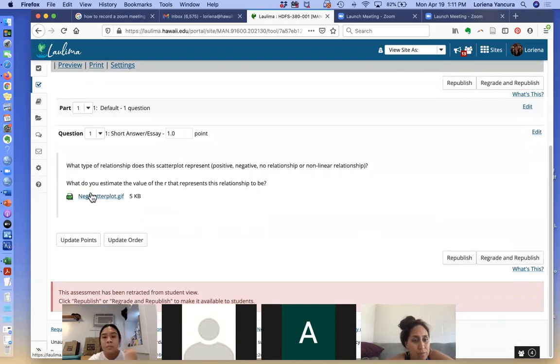Just one question. What type of relationship does this scatter plot represent? Positive, negative, no relationship, or linear relationship? And what do you estimate the value of the R that represents this relationship to be?